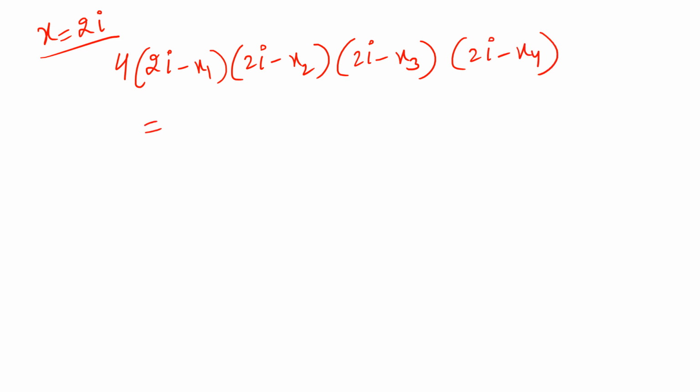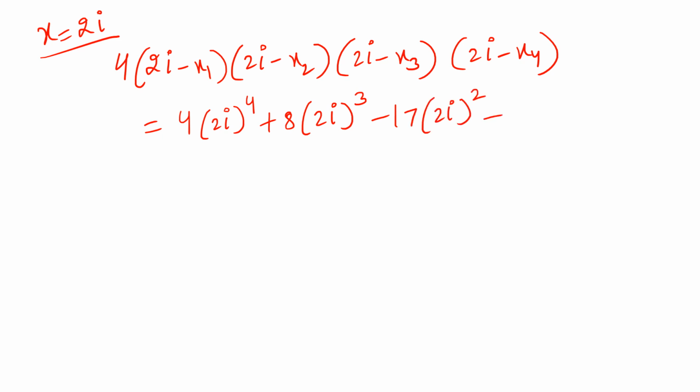And on the right hand side, I will get 4(2i)^4 + 8(2i)^3 - 17(2i)^2 - 12(2i) + 9.